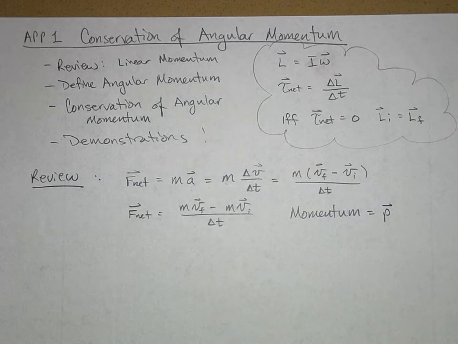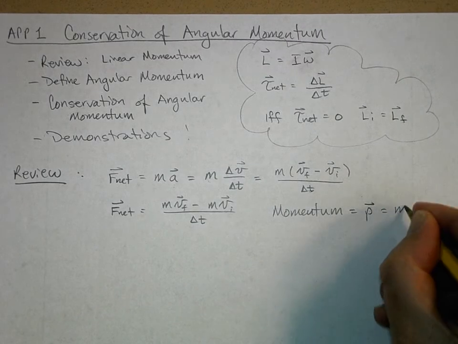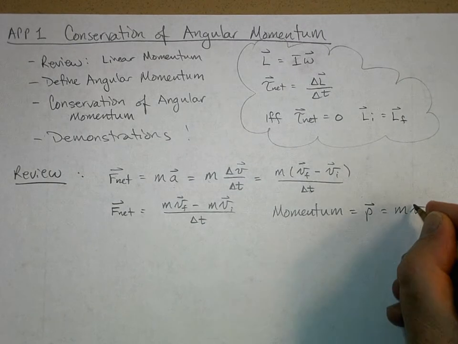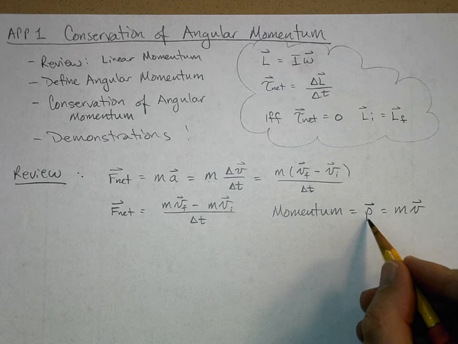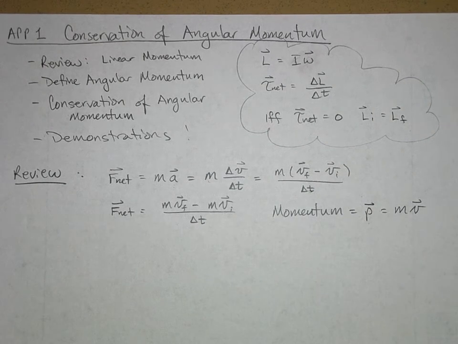We use the lowercase p to represent it, and we said this is equal to mass times velocity. And it's a vector, so the momentum vector has the same direction as the velocity of the object.